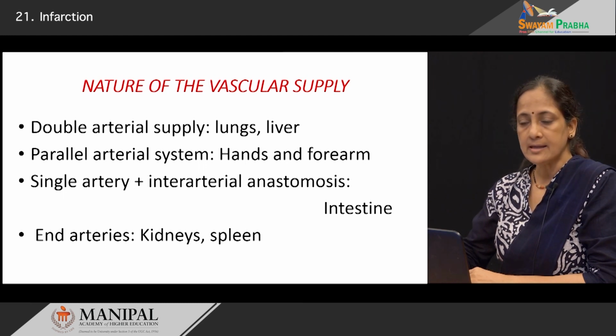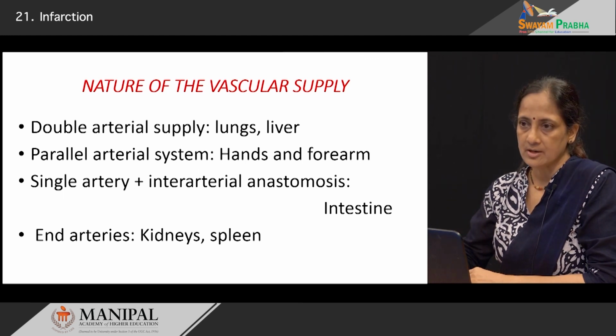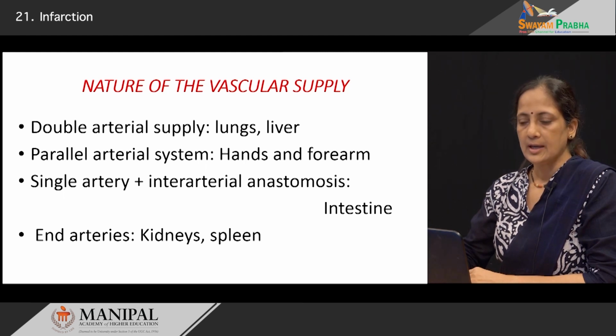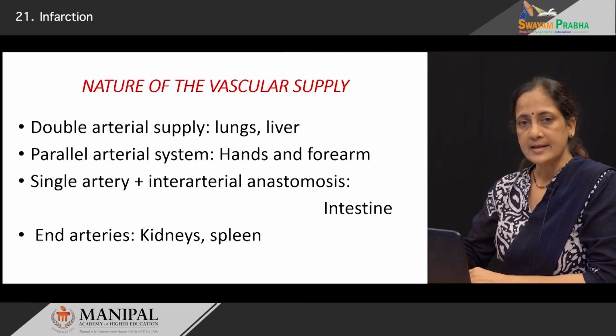However, if there is a single artery without any anastomosis and it is blocked, definitely it would lead to infarction of the tissue. If the single artery had a network of arteries or arcades, as is seen in the mesentery of the intestine, it could protect against infarction. On the contrary, end arteries supplying a tissue results in infarction if that particular artery is blocked.